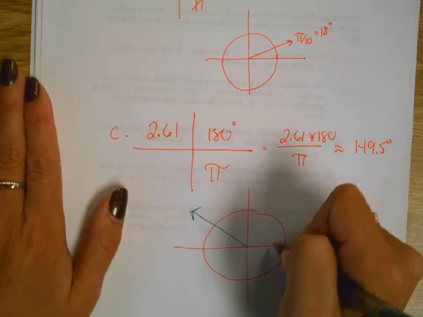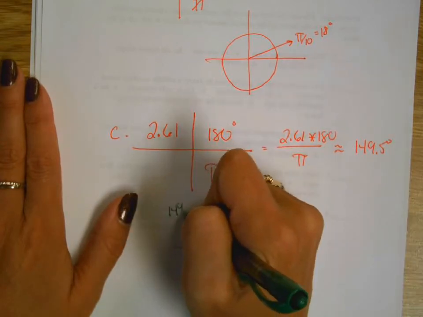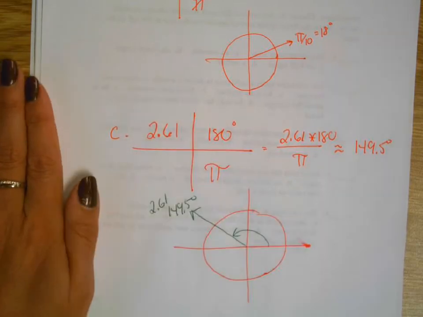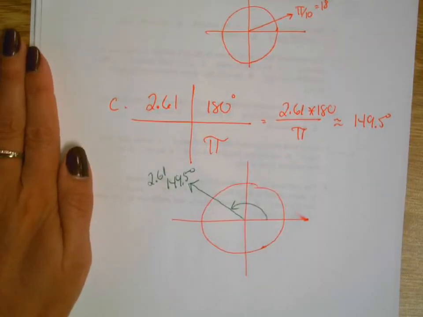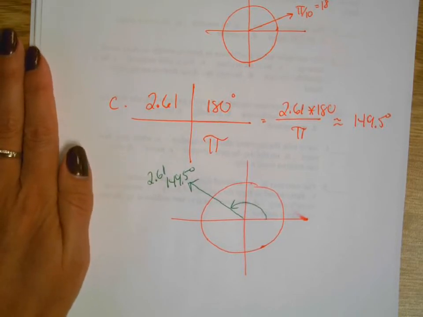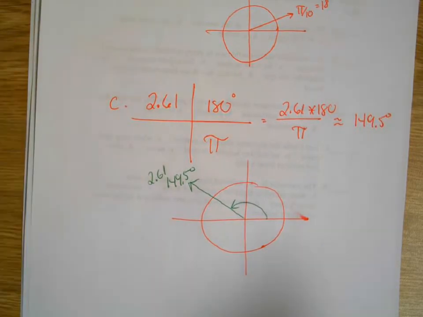About there. 2.61 radians. There is no symbol for radians. I was putting a little R underneath it, but they usually use no symbol for radians at all. So when it's talking about an angle measure and it doesn't have a degree, it's automatically a radian. Okay, I think we're done.